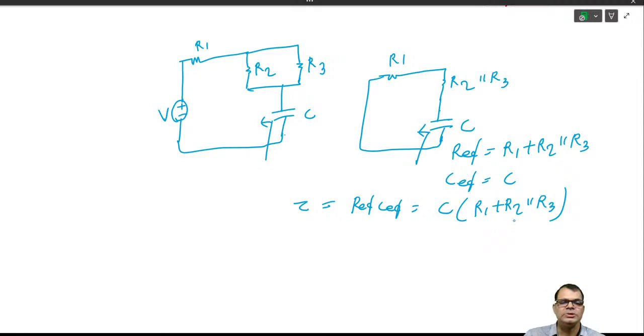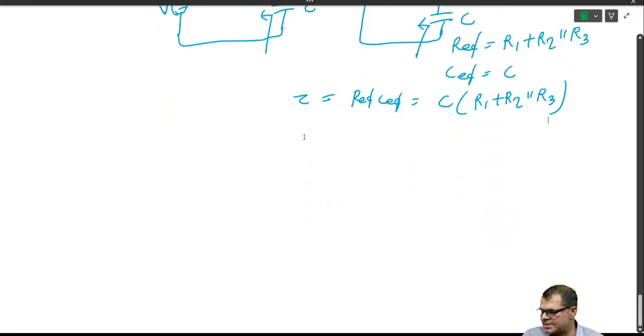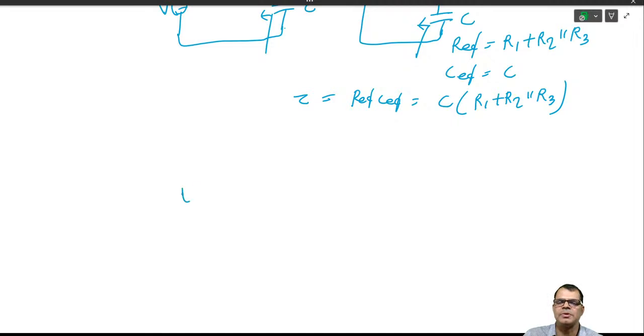Okay, let's do another example which has more capacitors or inductors, for example this circuit. After switching, that is for t greater than or equal to 0, the circuit looks like this.